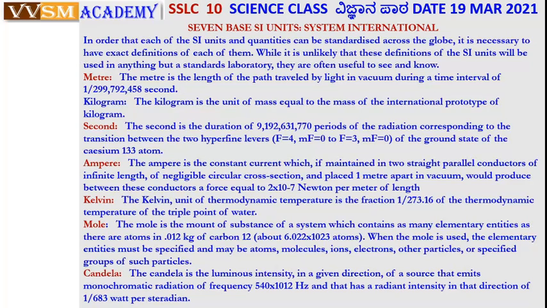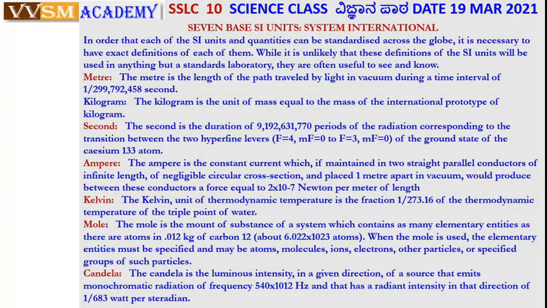Ampere. The ampere is the constant current which, if maintained in 2 straight parallel conductors of infinite length and negligible circular cross-section and placed 1 meter apart in vacuum, would produce between these conductors a force equal to 2 into 10 to the power of minus 7 Newton per meter of length. Kelvin. Kelvin, unit of thermodynamic temperature, is the fraction 1 by 273.16 of the thermodynamic temperature of the triple point of water.